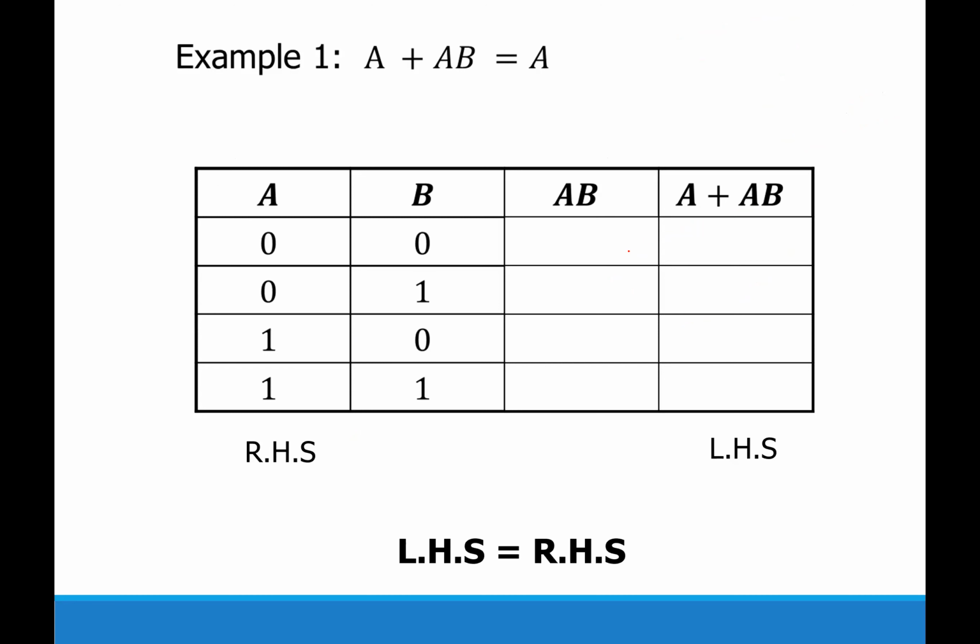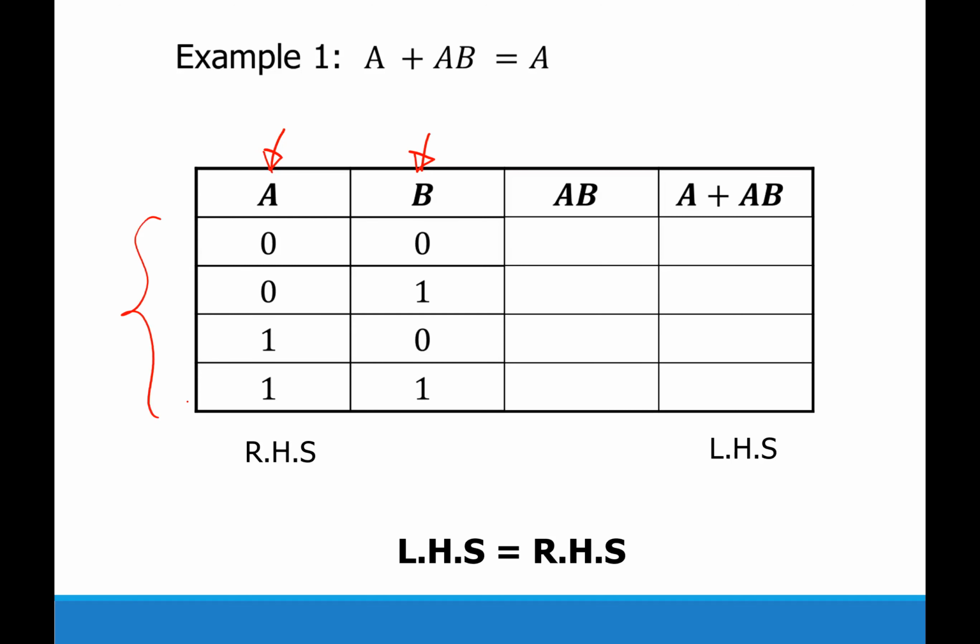So in the truth table, we need to make the right hand side, and also we need to make the left hand side. And because here we have two input variables, A and B, we complete the table by using two inputs.